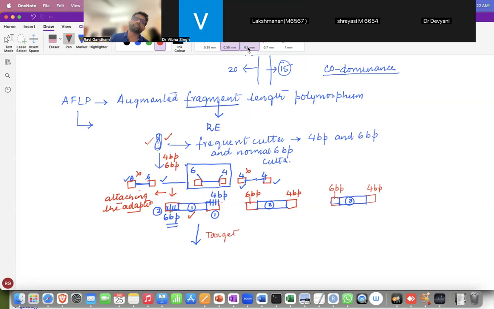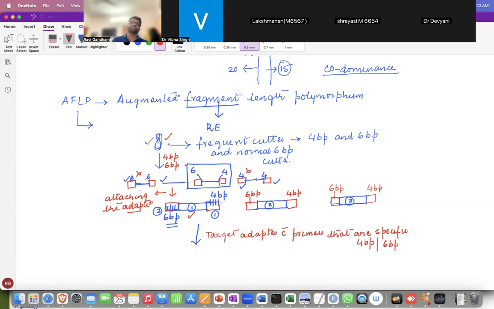Target adapters with primers that are specific to your 4 base pair cutter and your 6 base pair cutter, right?